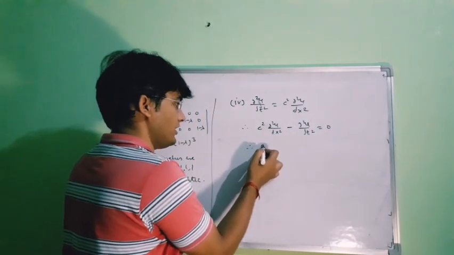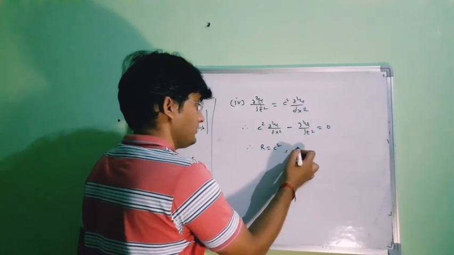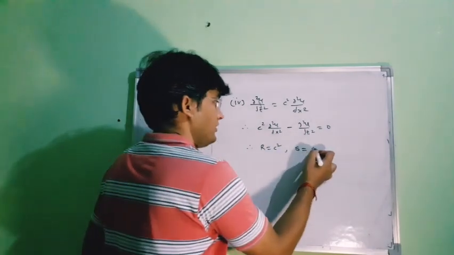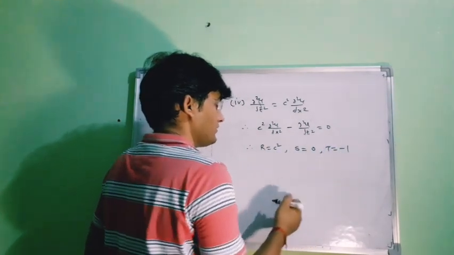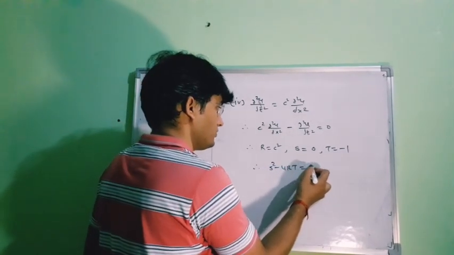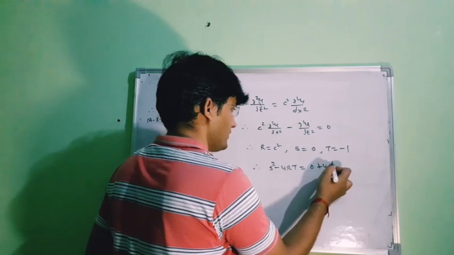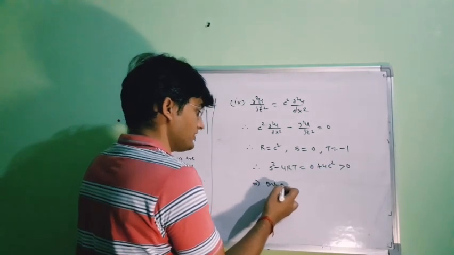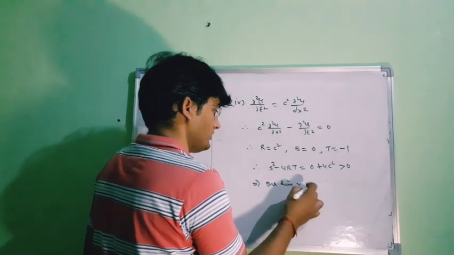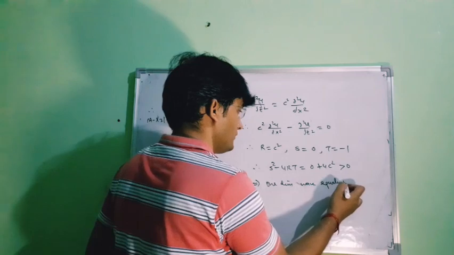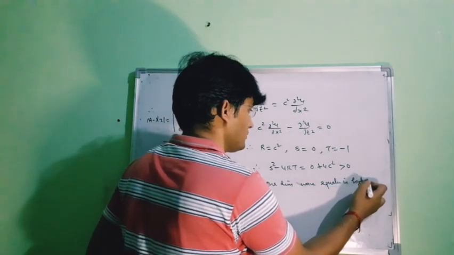So here your R is c square, your capital S, the coefficient of del x del t, is 0, and your capital T is minus 1. Therefore S square minus 4RT is equal to 0 plus 4c square, which is always greater than 0. So this implies that the one-dimensional wave equation is hyperbolic.